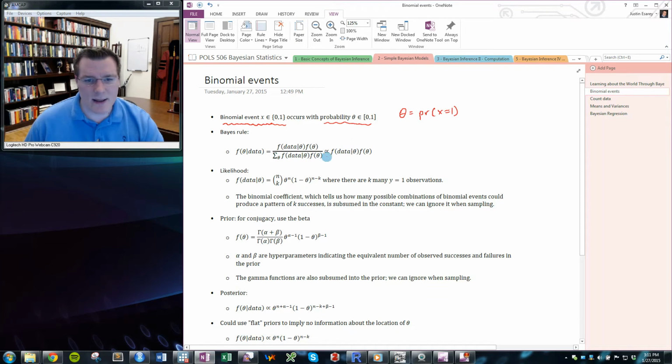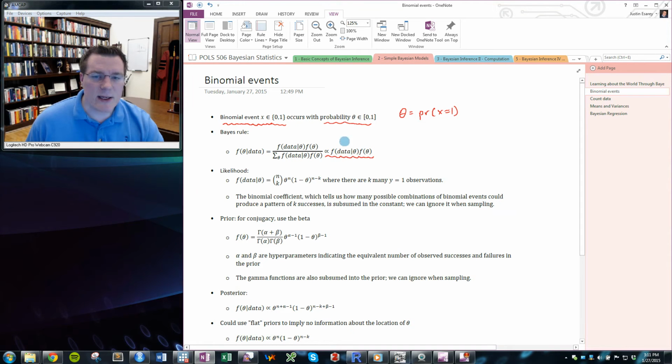The normalizing constant here is typically not going to be something we spend a lot of time thinking about, though. The reason being, all we need to know is that the posterior is proportional to some value. It's proportional in this case to the numerator of that earlier expression, Bayes' rule.